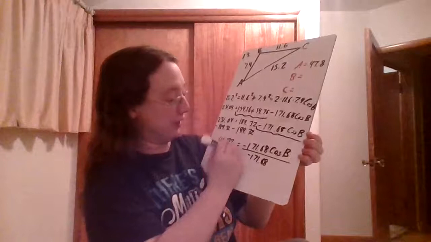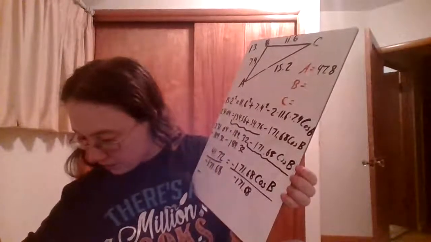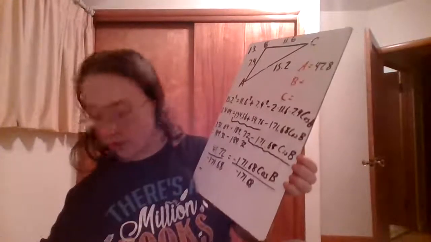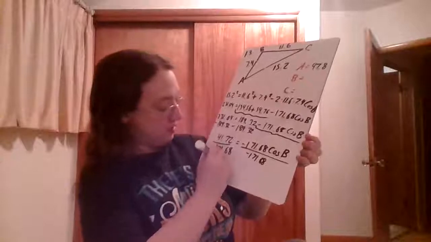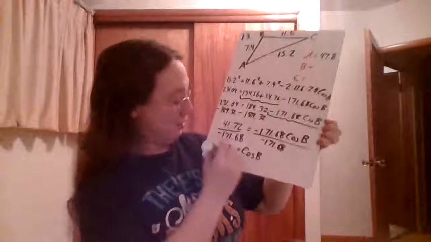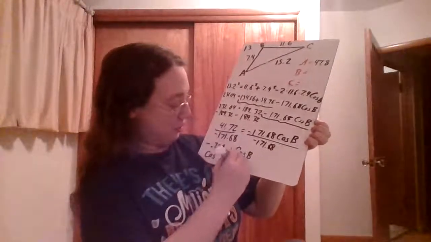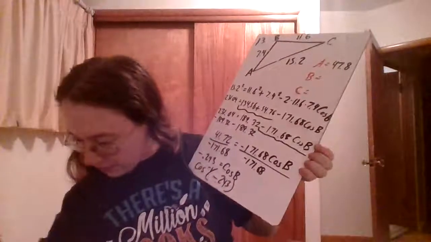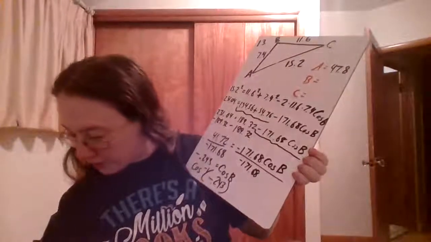So we're going to end up with a negative, negative 0.243 equals your cosine of B. And then the last thing we're doing is taking the inverse cosine of negative 0.243, which is 104.